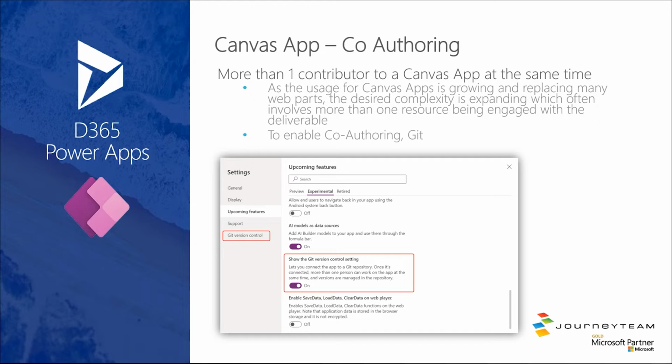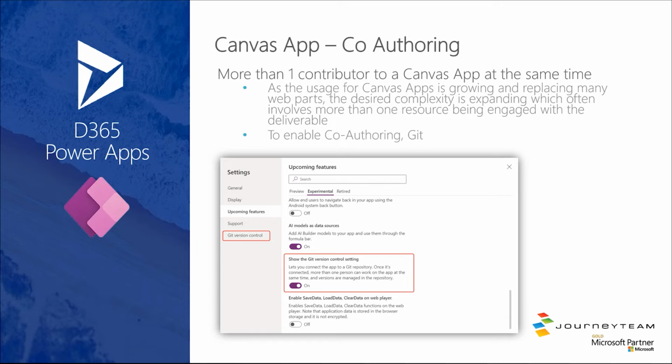One of the big pain points we have seen is the inability to co-author a Canvas app. That is coming, and I think this is going to be big. You will no longer be locked out if you use multiple browser profiles or multiple machines, and get locked out of your own Canvas app that you are editing. So I think this is going to be a big one.